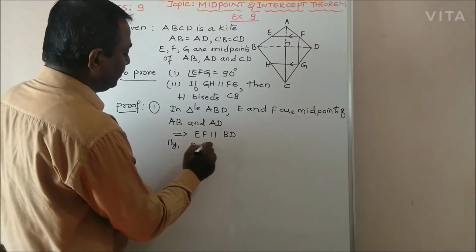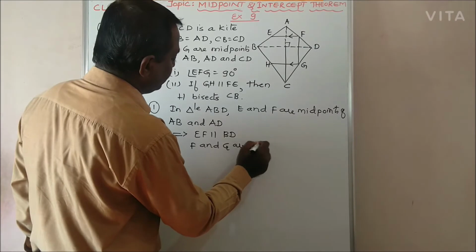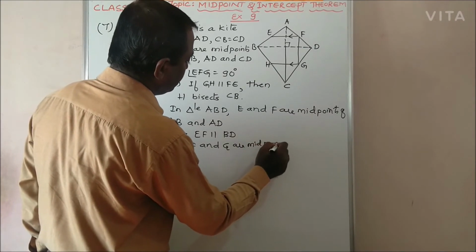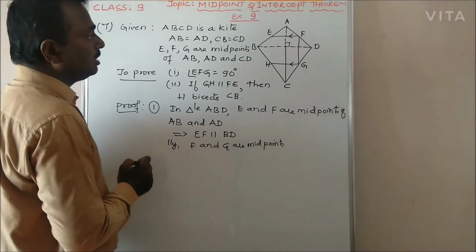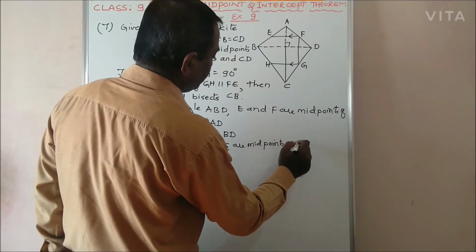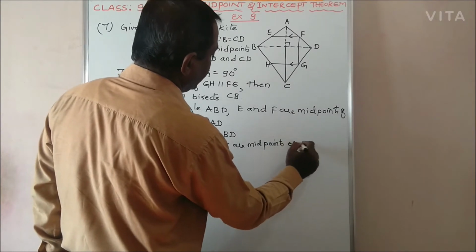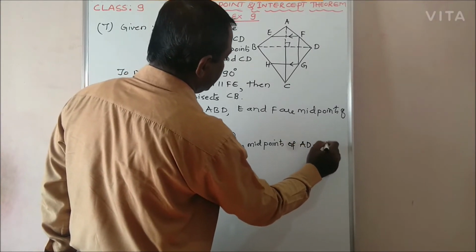Similarly, we can say F and G are midpoints of AD and BC. Midpoints of AD and BC.